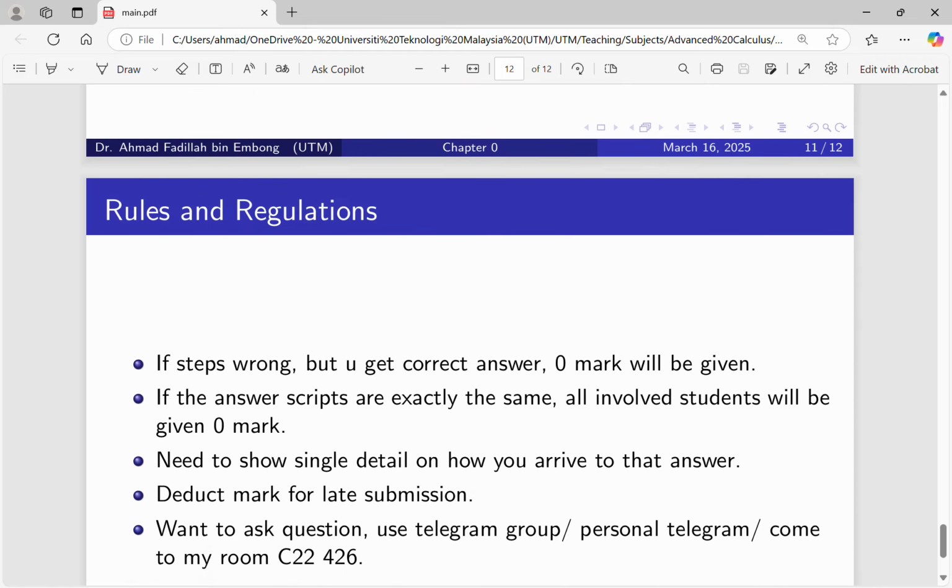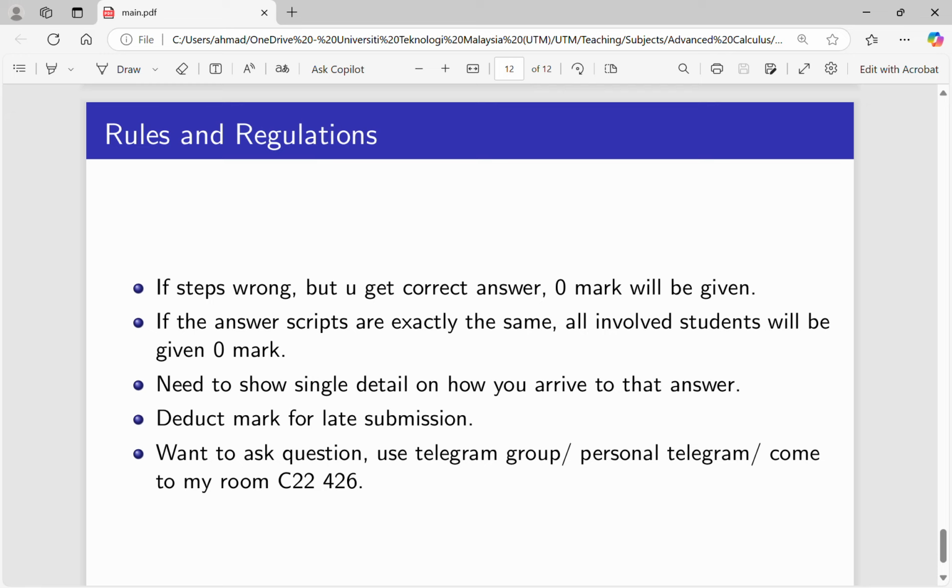Here are some regulations in my class. I'm quite simple. I already wrote everything here, and I will follow strictly the rules that I apply. These rules I already applied in previous classes. If the steps are wrong but you still get the correct answer, 0 mark will be given.